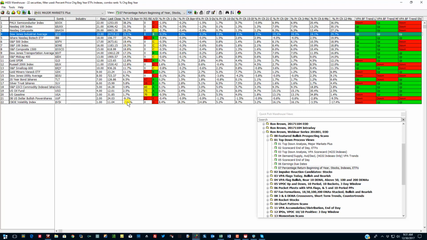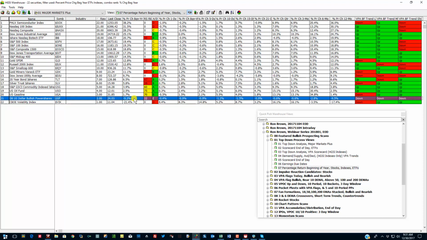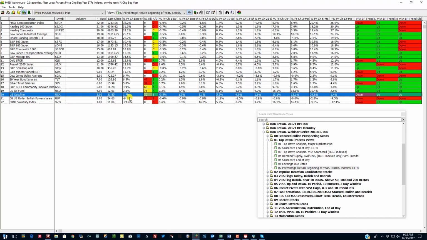Now if you go down here, you can see that the volatility index of VIX was down 21.4%. The dollar was down 9.2%, or the ETF was. Gasoline, which has been very strong recently, is up only 1.7%, and so on. So anyway, this is how you get a quick read on performance for the year.